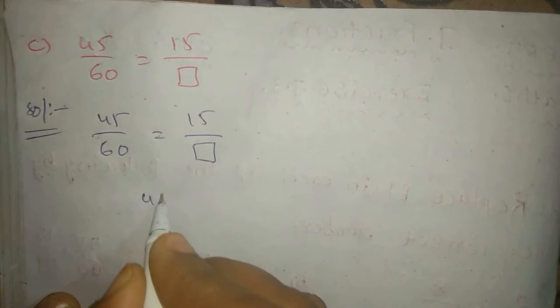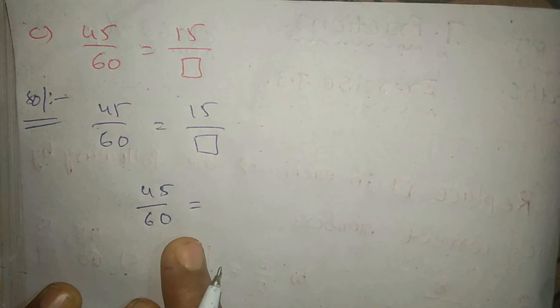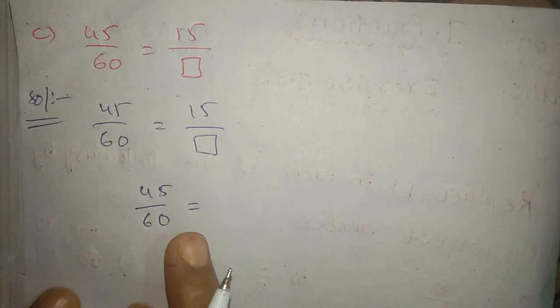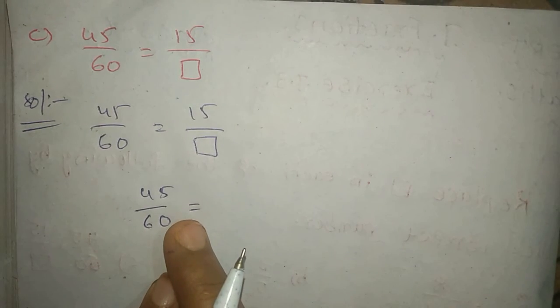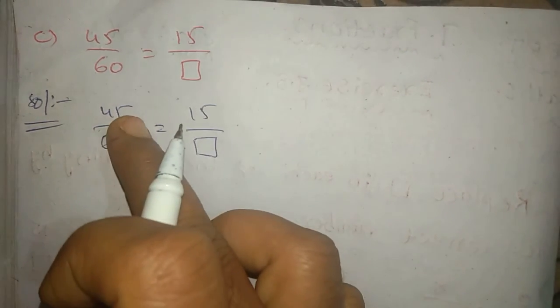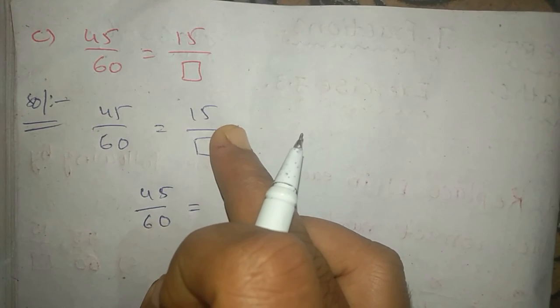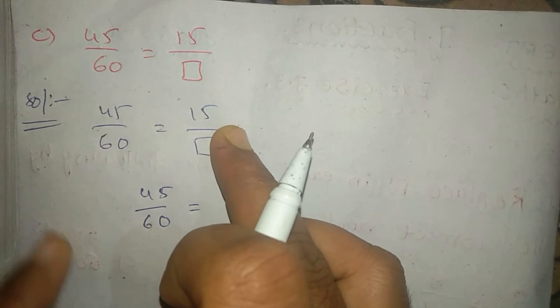Now we have here 45 and 60. What number must we divide by? That is 45 divided by 3 is equal to 15. So when 45 is divided by 3, we get 15.